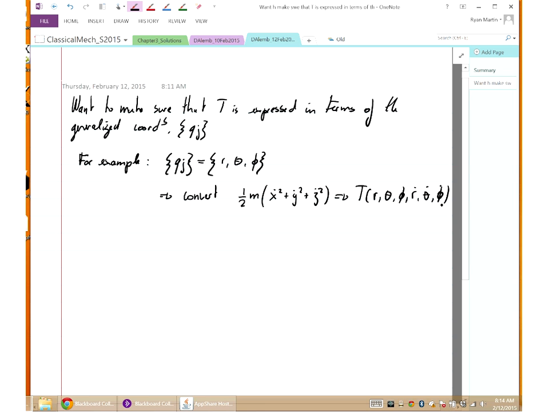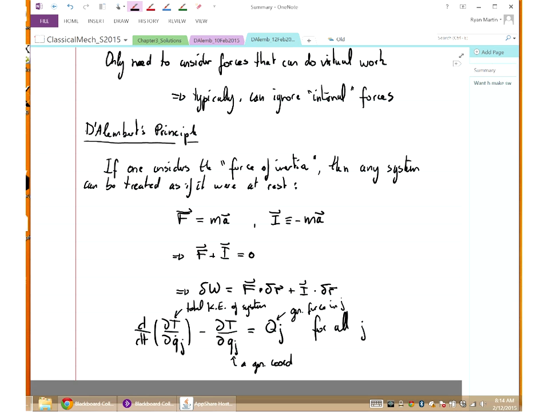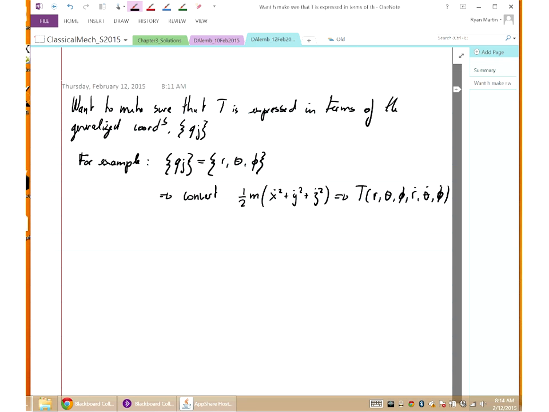Right. So I can always write easily the kinetic energy for a particle in Cartesian coordinates, because it's x dot squared plus y dot squared plus z dot squared. But when I go to take the partial derivatives in D'Alembert's equation, I need to be able to say what is ∂T/∂theta dot, for example. So it means I need to be able to express the kinetic energy in terms of whatever my generalized coordinates are. Okay.